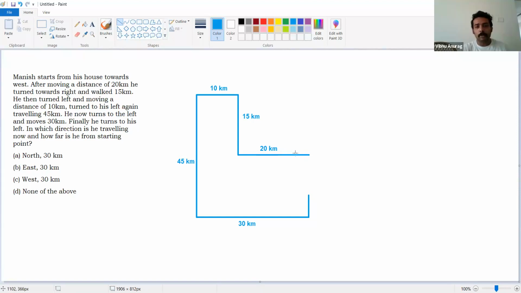So see, I have walked 30 kilometers left and 30 kilometers right. So that cancels off. I'm exactly below my starting point. And I have walked 15 kilometers up and 45 kilometers down. So that's a net difference of 30 kilometers. So I am 30 kilometers away from my starting point and I am moving in the northward direction. So A is the answer. North 30 kilometers.